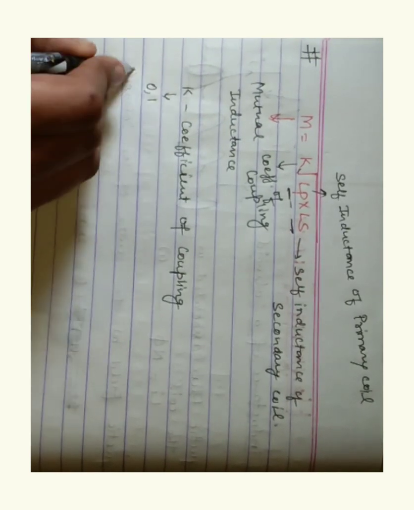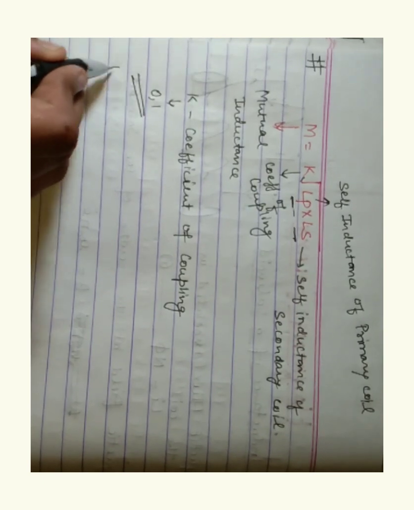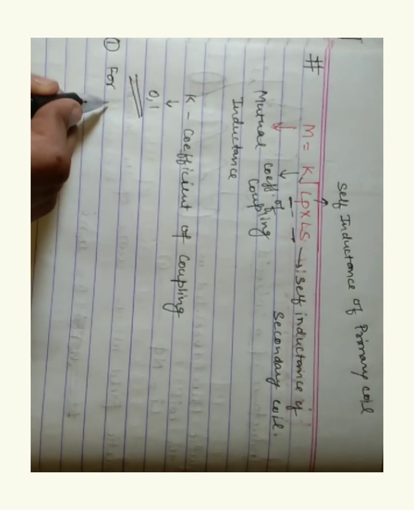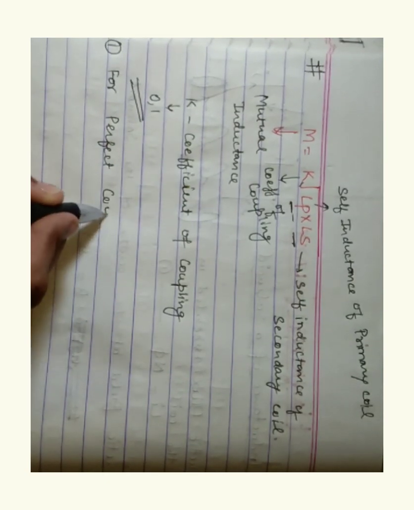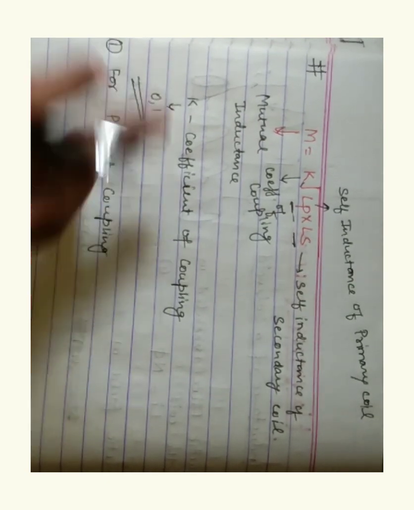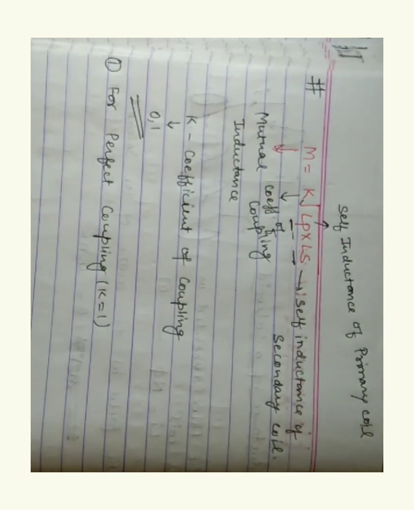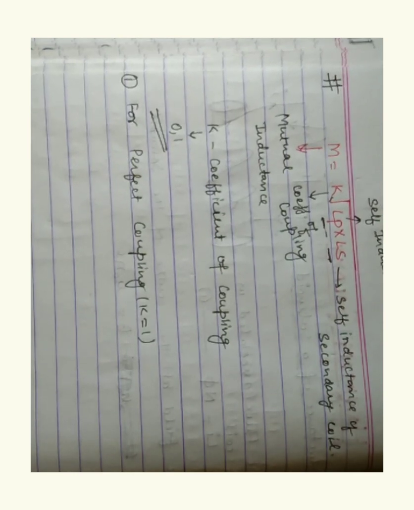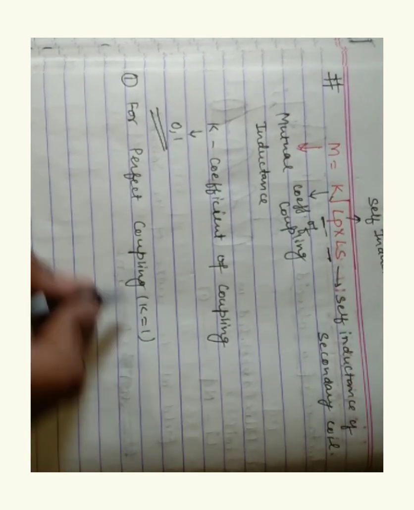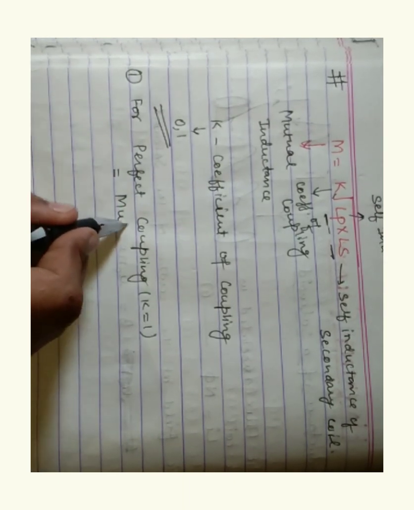For perfect coupling, first case, k equals 1, that is maximum mutual inductance.